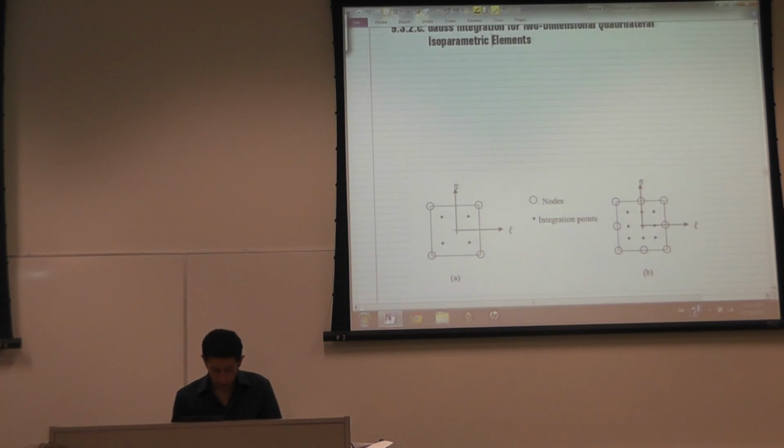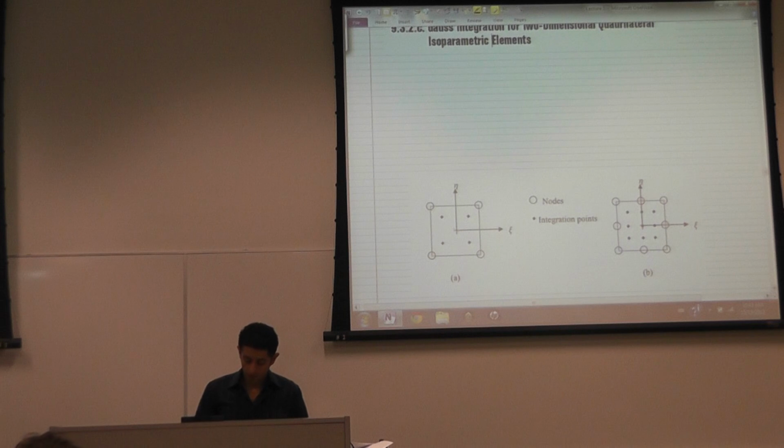So for the 4-node quadrilateral, I have 4 integration points, simply because f of x and y is quadratic.